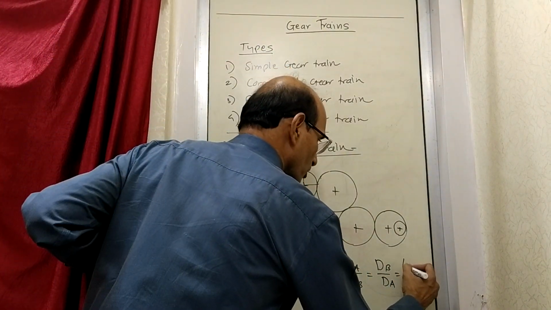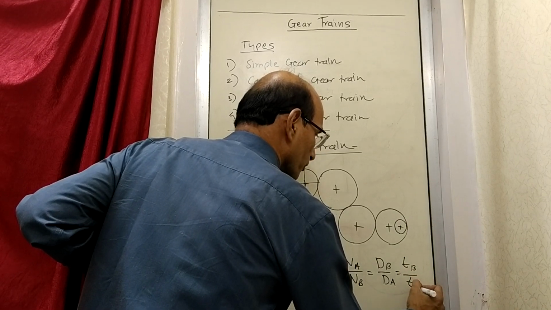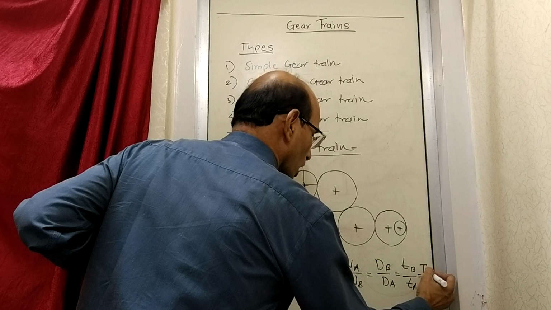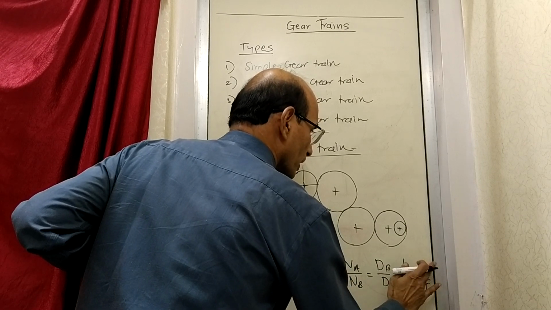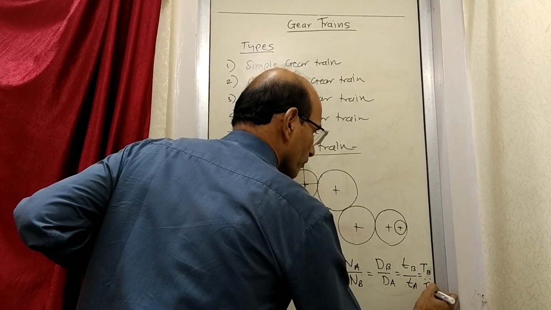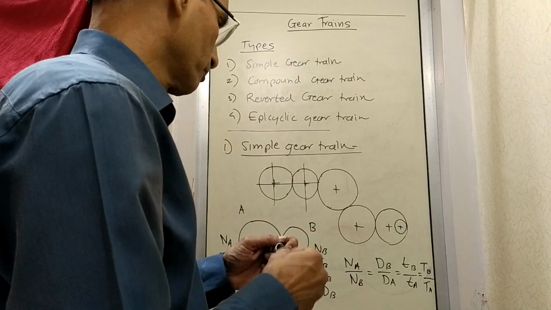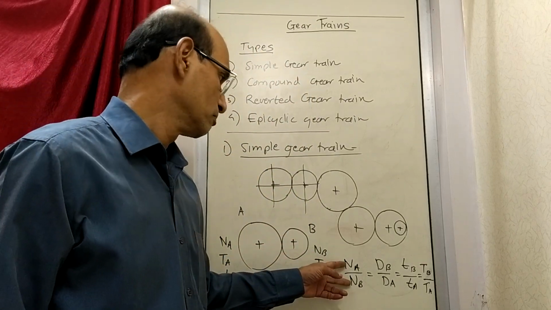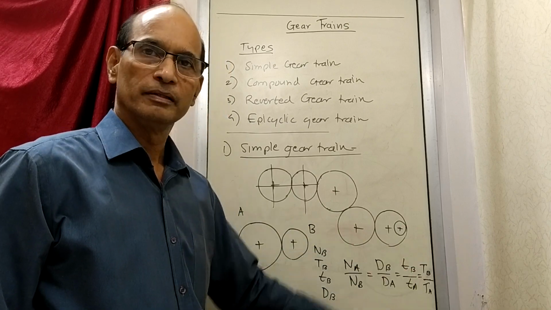So teeth T of B upon T of A. And then the torque will be again the same way, inversely proportional. So the speed and torque, speed and diameter, speed and teeth, they are opposite.